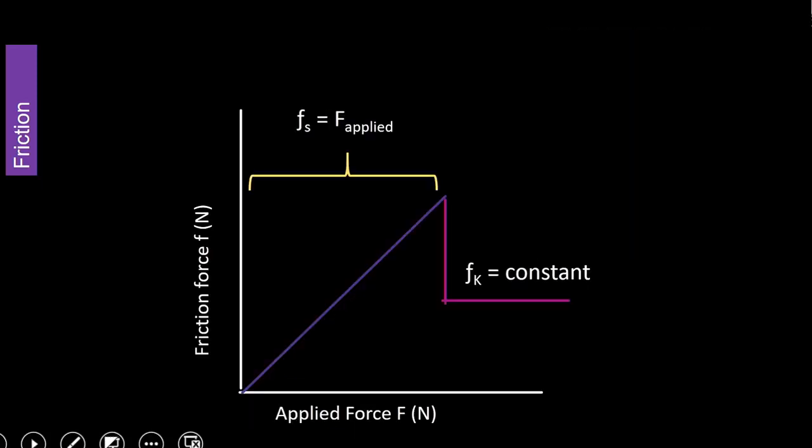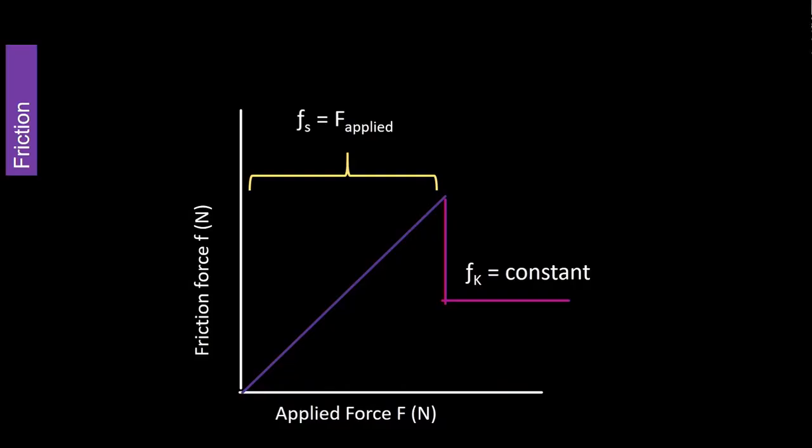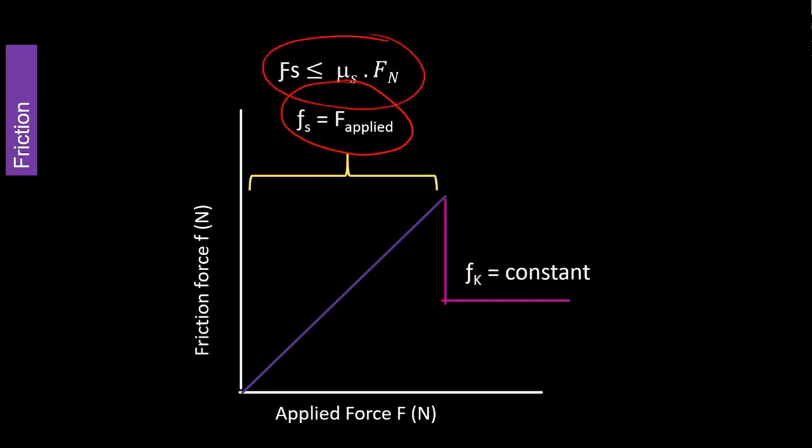We have got time to quickly look at this graph and see how we can add to it. So we've already seen that the static friction is equal to the applied force. What we haven't said was that this holds true. So the static friction is equal to this, or it is smaller than.